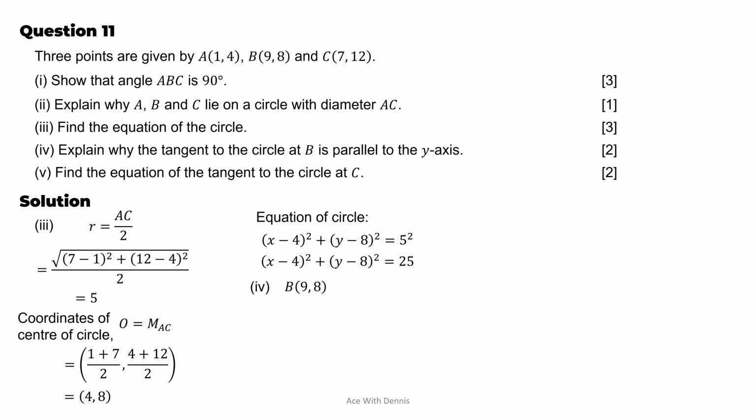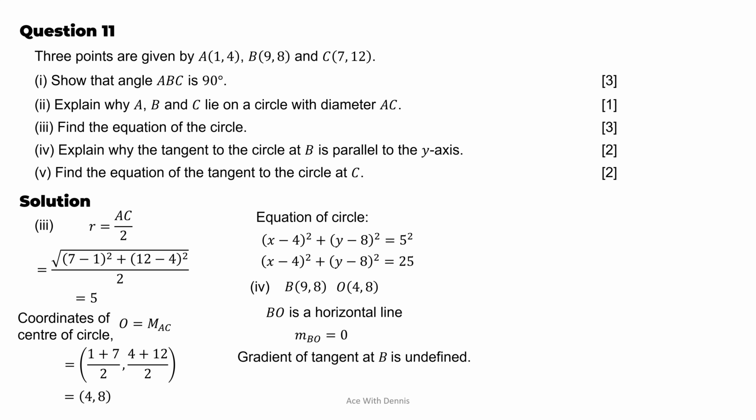Part 4. Given the coordinates of B are (9, 8), and the coordinates of the center of the circle are (4, 8), we can observe that BO is a horizontal line, which means that the gradient of BO equals 0.